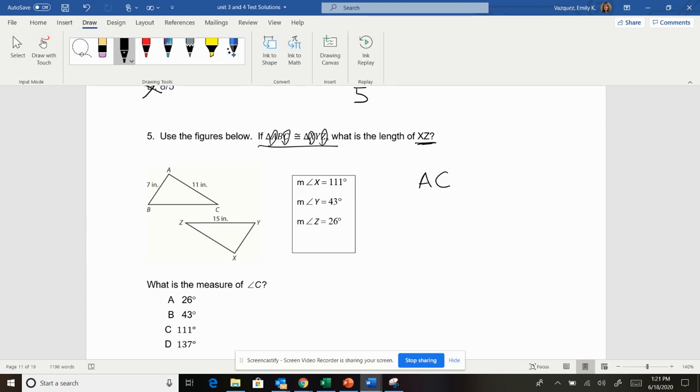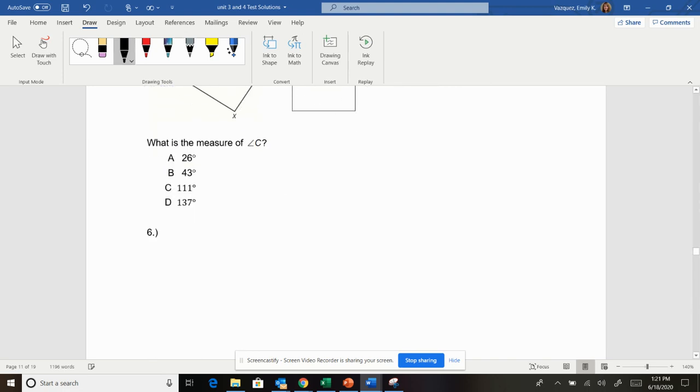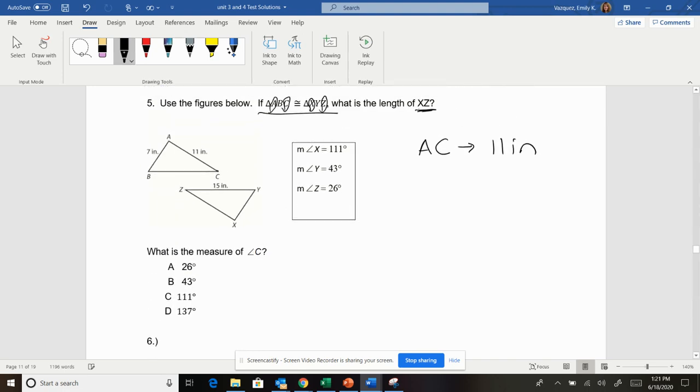XZ is the same exact distance as AC. When I look at AC on my chart here, I have 11. I do think this question was different on your test, okay? So that's the question for XZ.